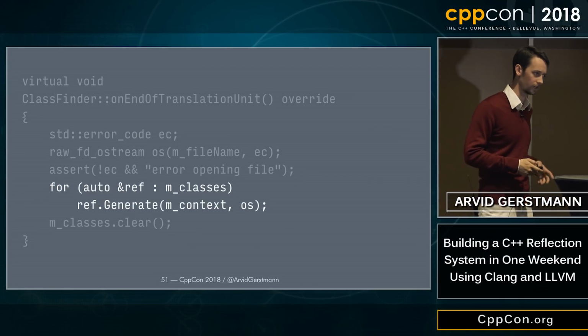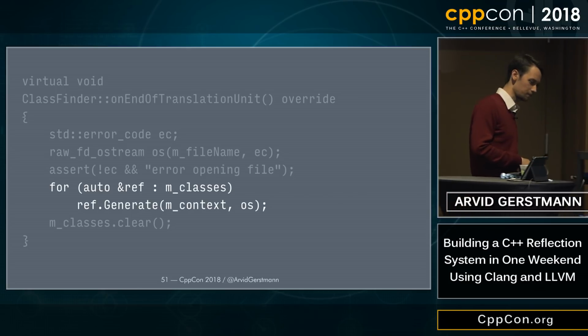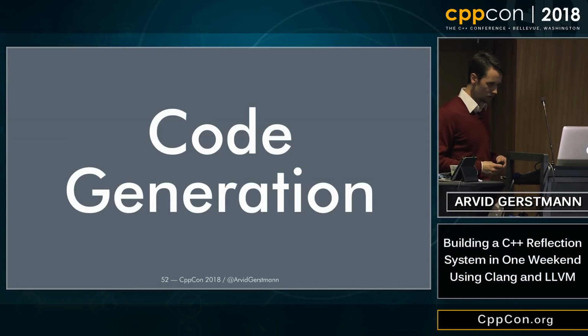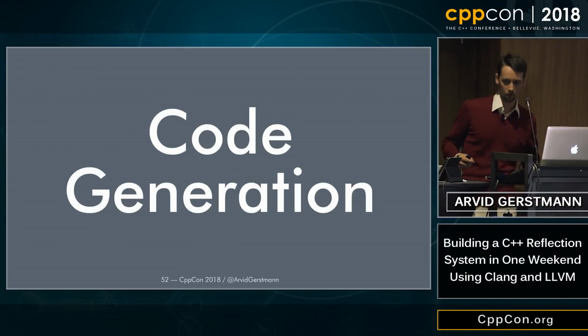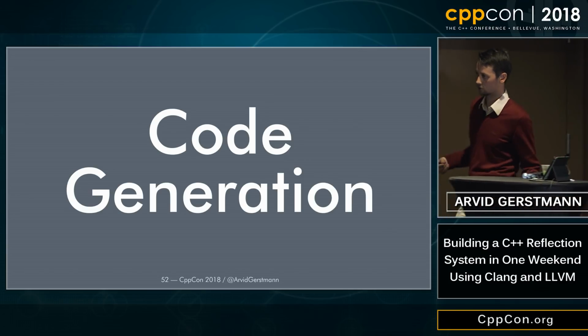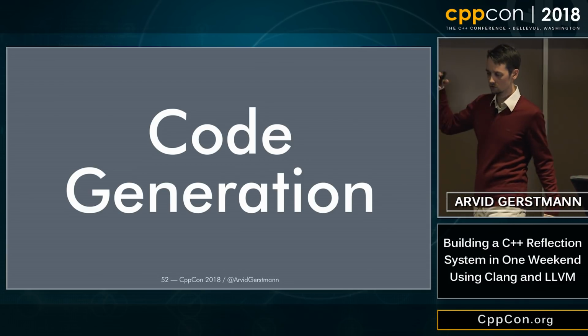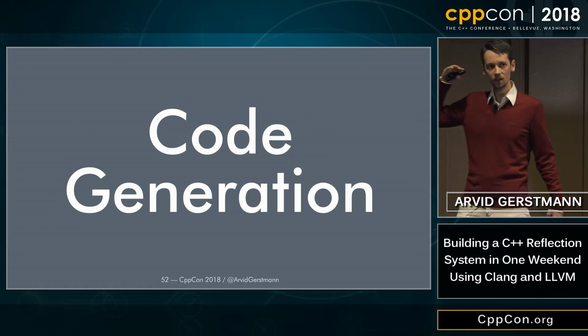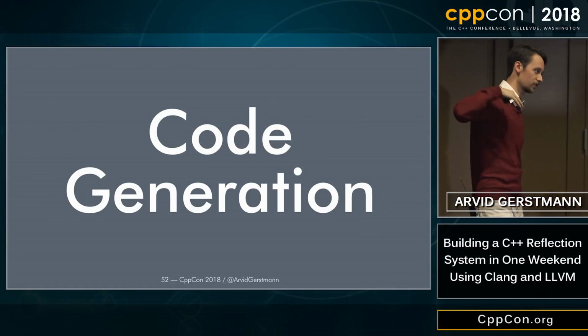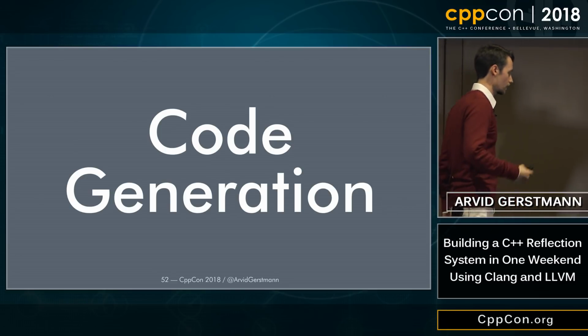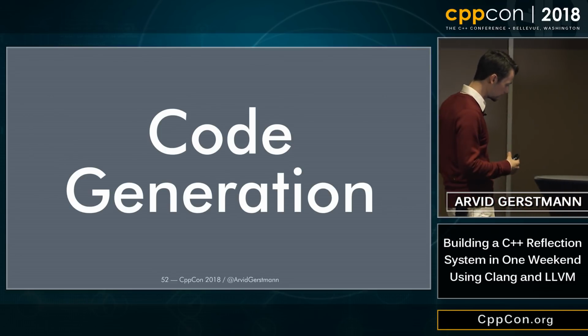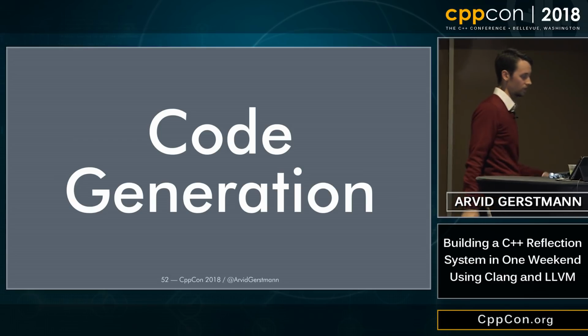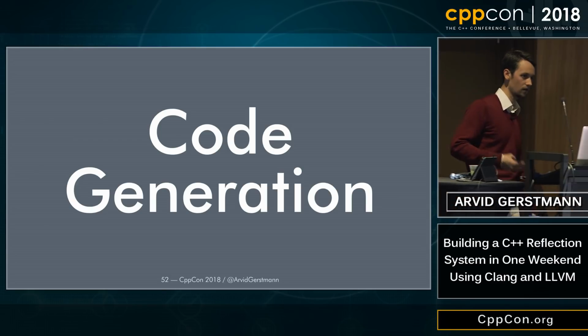Finally, half an hour in. So, code generation. As I've said before, it will just generate the code by printing out everything we need, by looking at the AST nodes and then printing out the C++ source code. This source code can be then put into a header, and this header can then be included into the translation unit of your program.